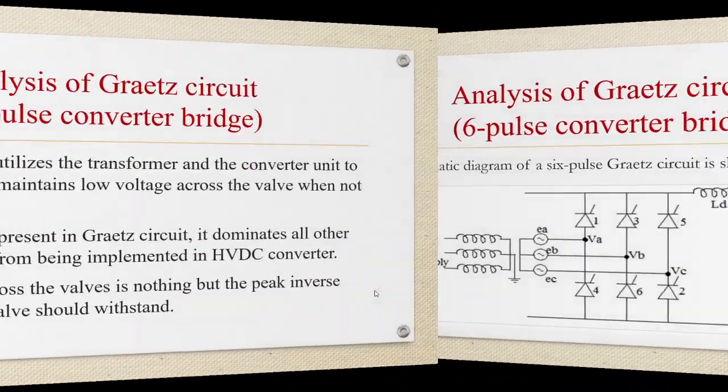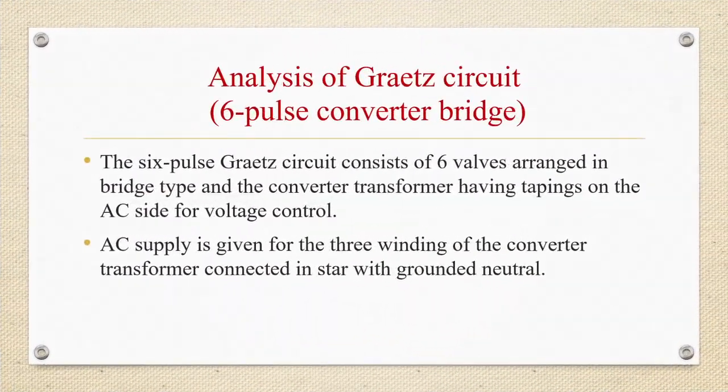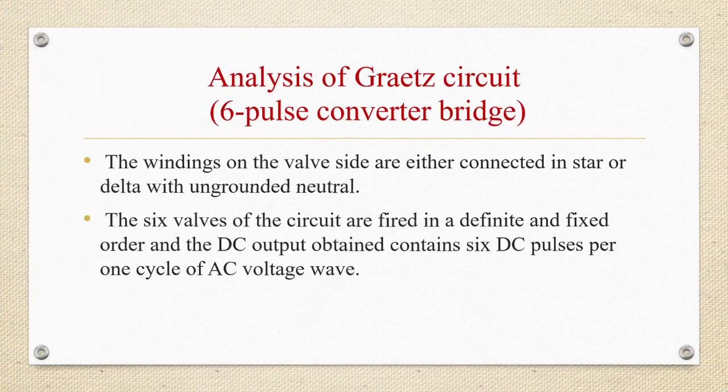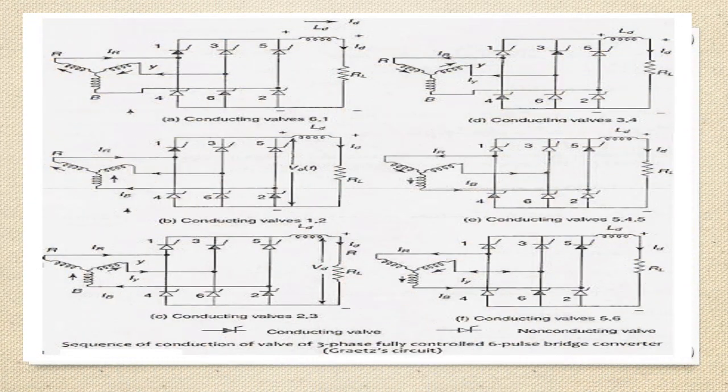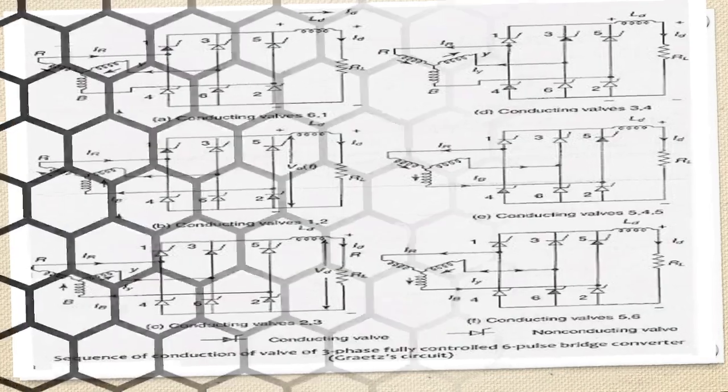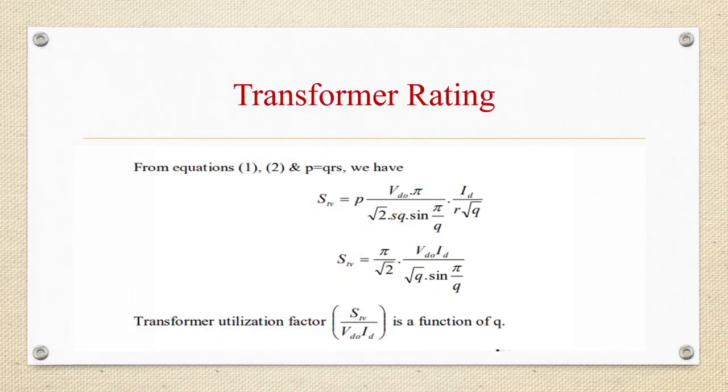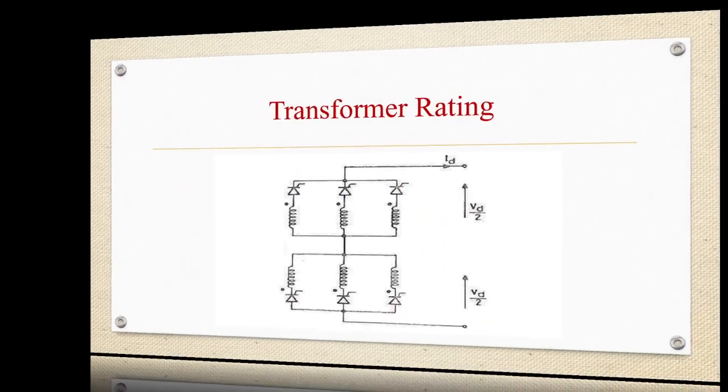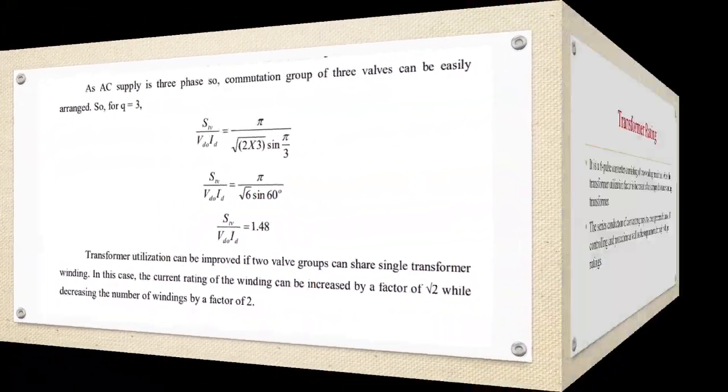In one more diagram we have seen when any two diodes are acting at a time, that is two valves conducting at a time: 6 1, 1 2, 2 3, 3 4, 4 5, 5 6. So all 6 diagrams are shown, that is which valve is conducting at what time. Then we have seen transformer rating.